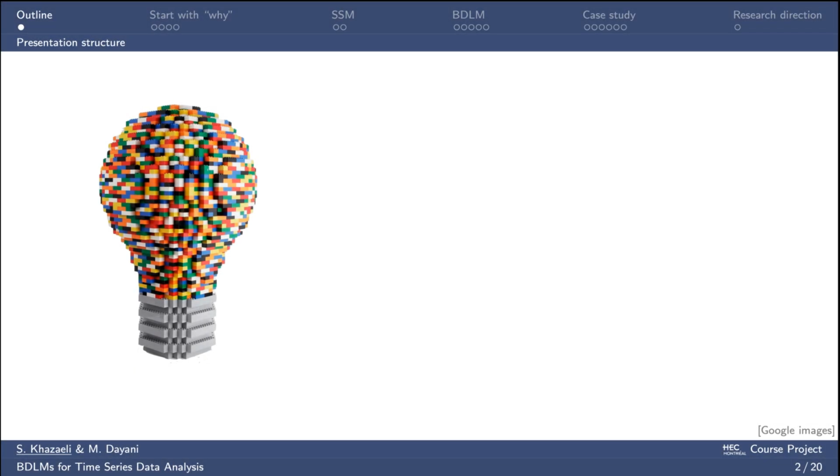This presentation is divided in 5 sections, as you can see on the top blue ribbon. First, I start with why. Specifically, answer the question about why do we need time series analysis. Then, I explain the state space model, which is a general concept behind BDLM.